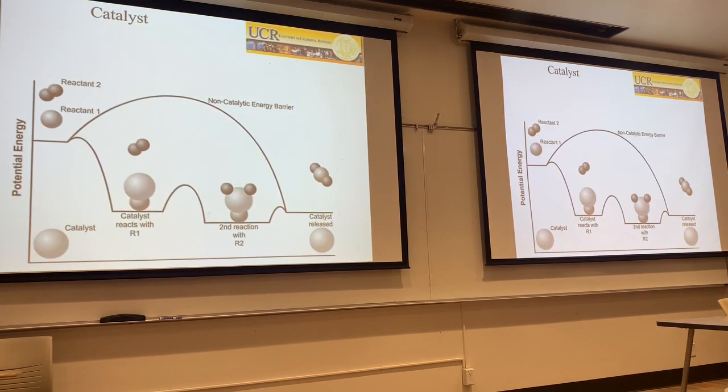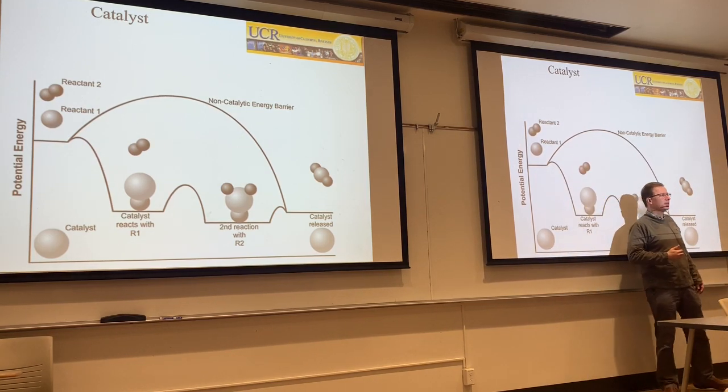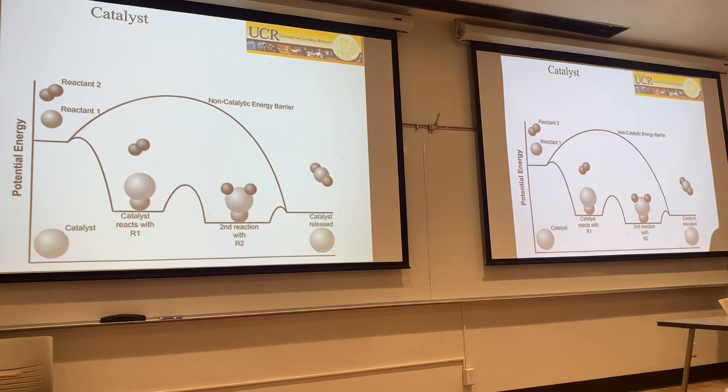So, in a quite general way, if I have a catalyst, this big sphere over here, and two reactants, the smaller ones over there, the catalyst reacts with one of the reactants with a small barrier, activating that reactant and becoming activated itself. Then there is another smaller barrier where the second reactant becomes activated, also on the catalyst.